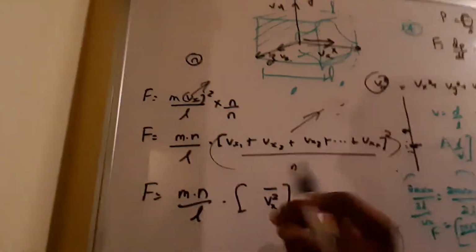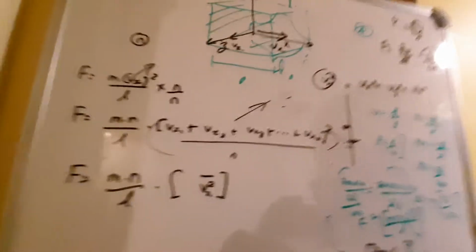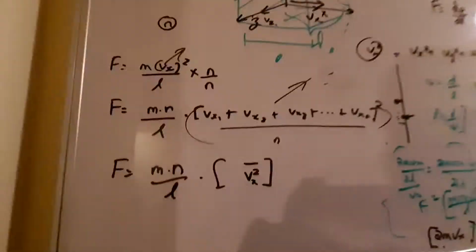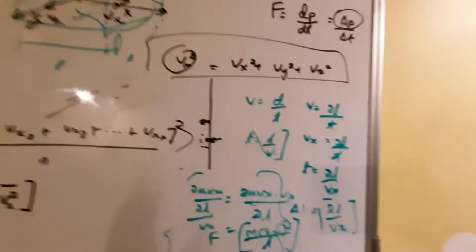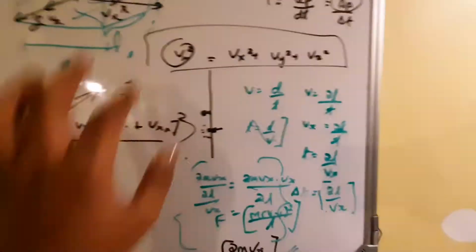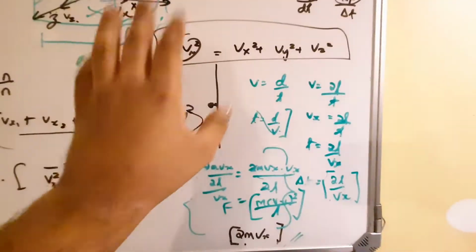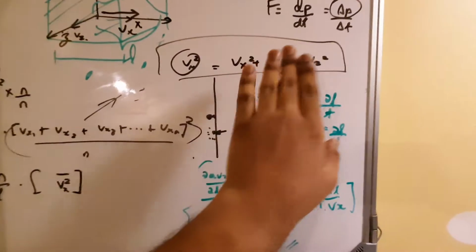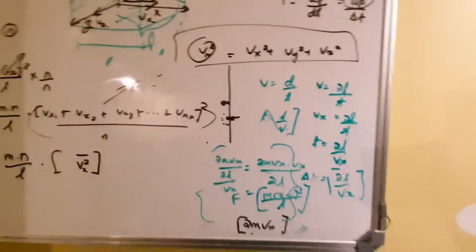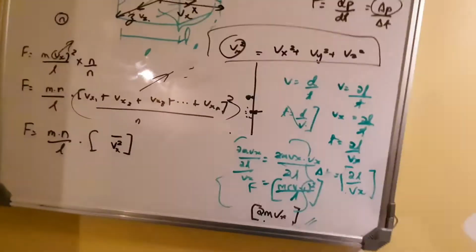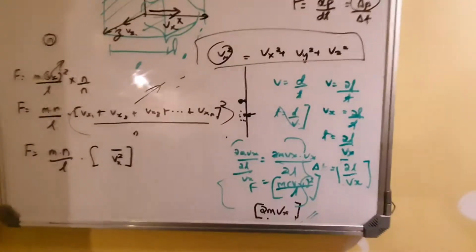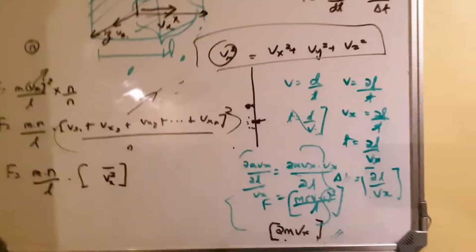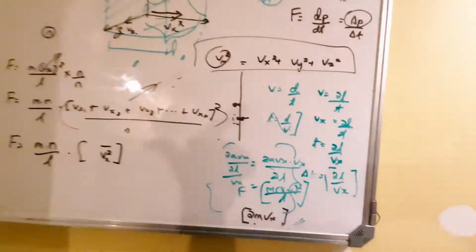Now, this is what we have landed up with considering n number of molecules. But at the same time, I told you to remember this particular equation as well. If I didn't, forgive me, remember it now. V net squared is equal to Vx square plus Vy square plus Vz square. Now, what happens if I consider the probability for a particular particle to move with a specific velocity in the x direction to be the same as the probability with which the particle will move in the y direction?